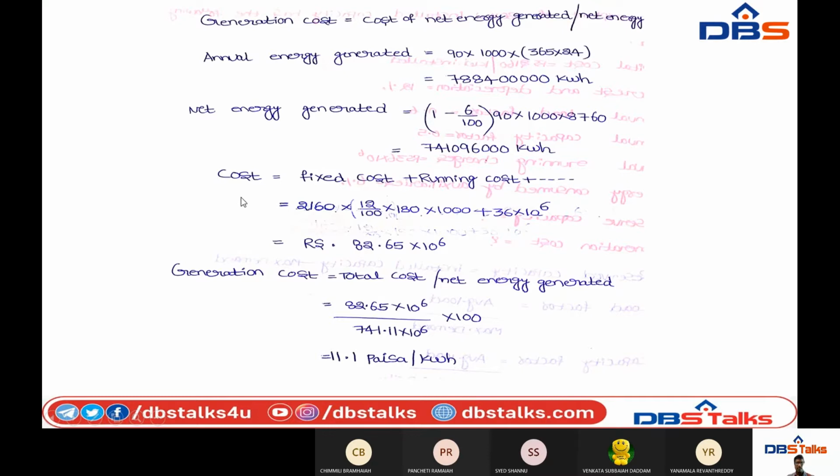After then, cost. Total cost is calculated by summing all costs, like fixed cost plus running cost.